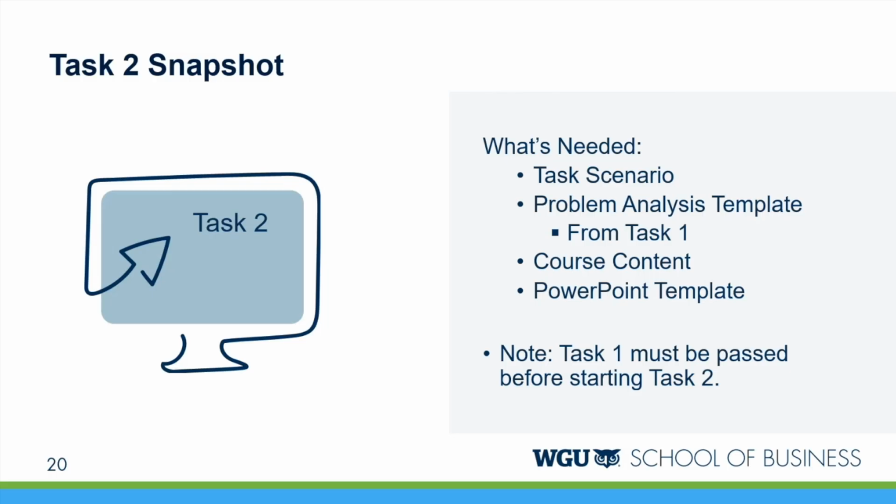Okay, so here's what you need. You need the task scenario. You need the problem analysis template that you used in task 1. You're going to use that same template. You need your course content, and there's a PowerPoint template at the bottom of task 2. So again, scroll all the way down to the bottom, download that PowerPoint, and we're actually going to go through that PowerPoint template, what that would look like.